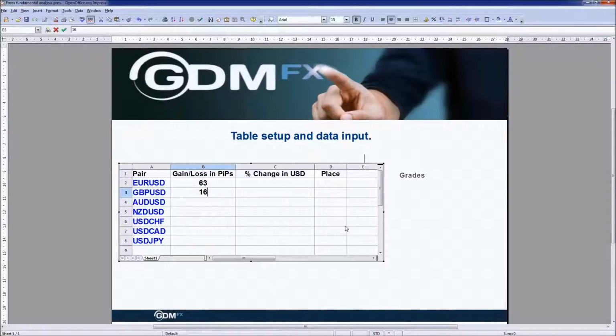Here we will have about 162, for example. For the Aussie versus the dollar, we will take 131, for example. For the New Zealand dollar versus the USD, let's take 82. And here we might be able to take, for example, USD versus the Swiss franc.